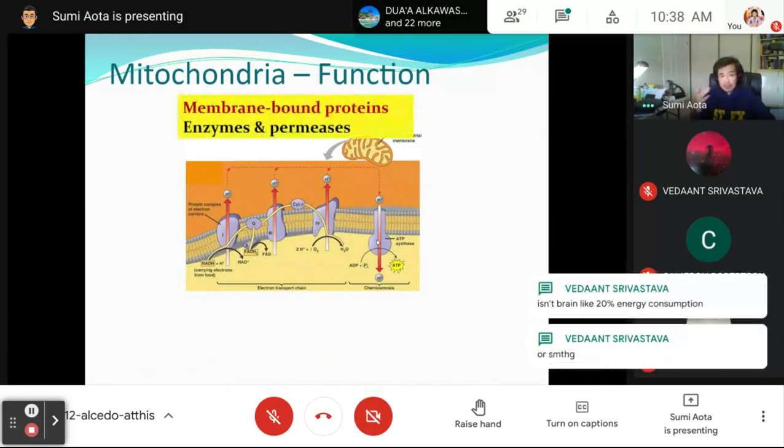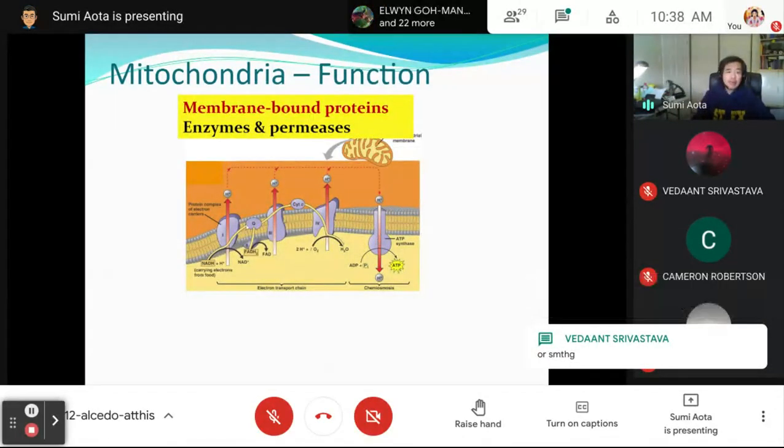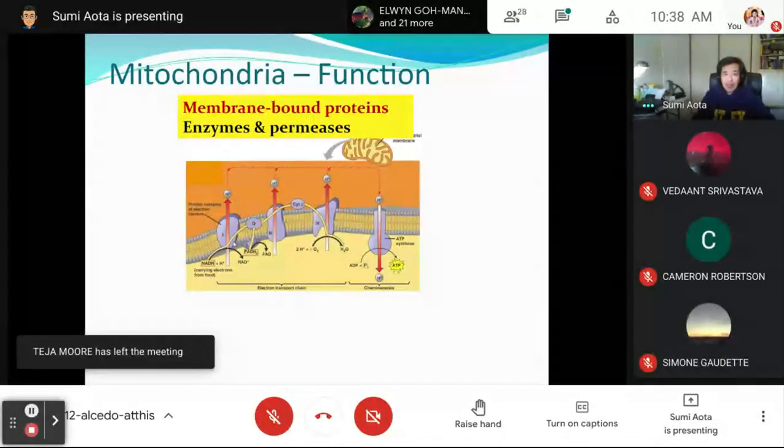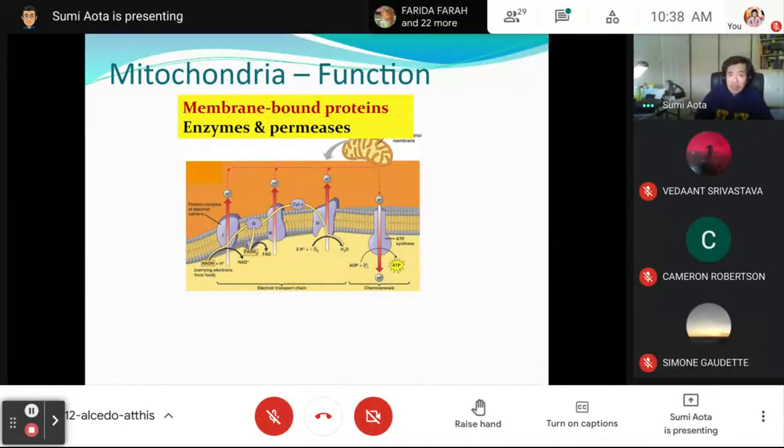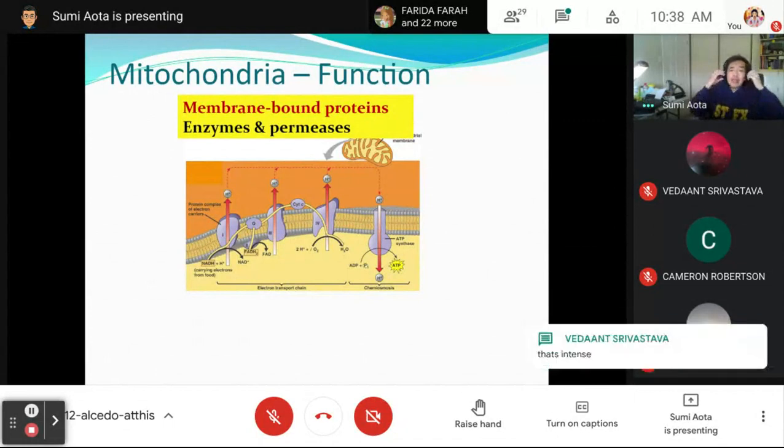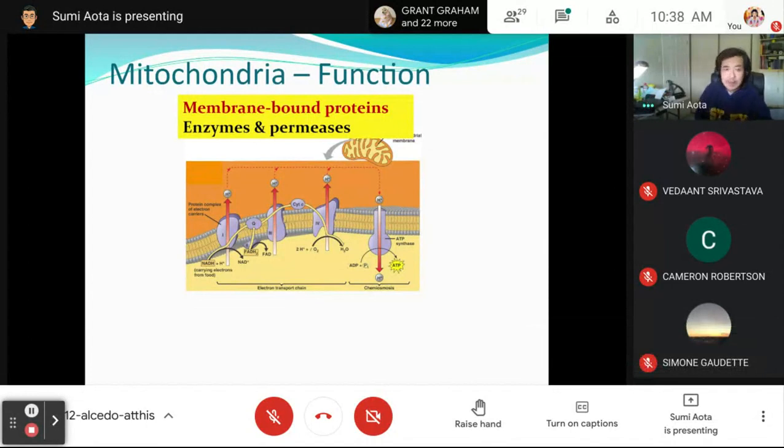Mitochondria function. They have these membrane-bound proteins, which are enzymes and permeases. A permease is basically a molecule that allows certain polar molecules through the membrane.